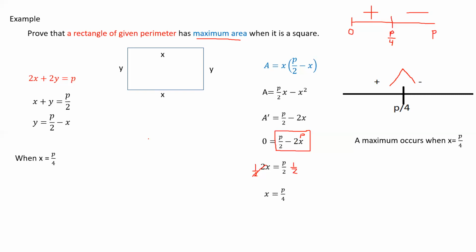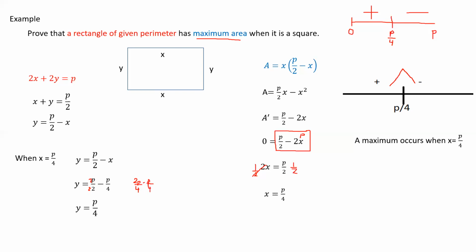Okay, so when x equals P over 4, what would y equal? We'll put P over 4 in, and then we need a common denominator. So the common denominator would be 4. So that would give us 2P over 4 minus P over 4. And again, if you're not seeing that, we'd end up with 2P over 4 minus 1P over 4.